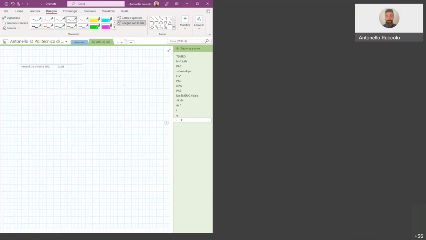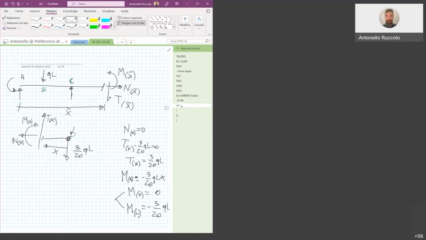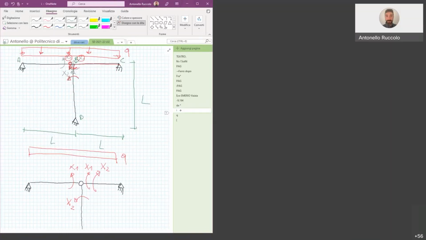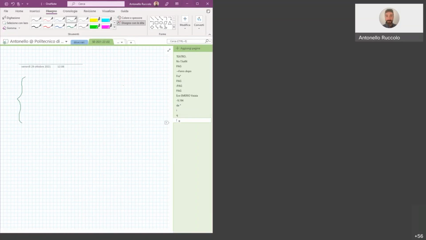Then we can just write the compatibility equation, which states, okay, what did we do? We just released the possibility to rotate in the node B of beam AB with respect to beam BC. So phi B AB minus phi B BC has to be equal to 0.